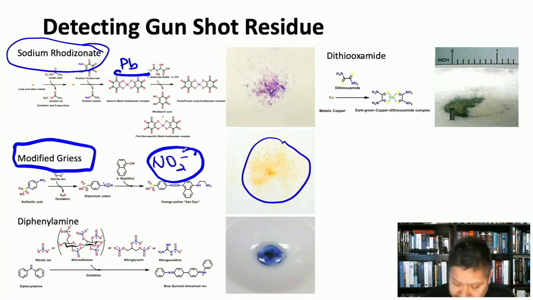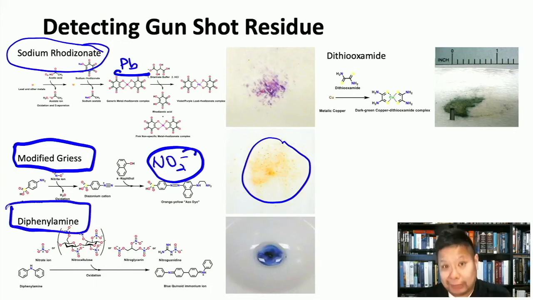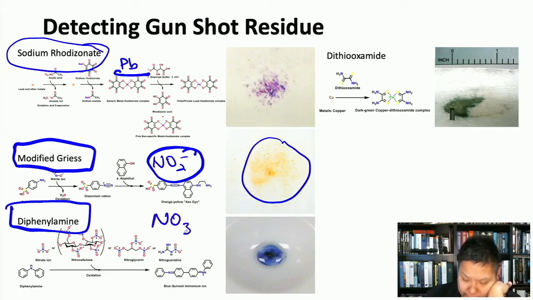Last but not least, in the gunshot residue detection, we have a molecule called diphenylamine. And diphenylamine, when it comes in contact with gunpowder itself that hasn't been burned yet or exploded yet, it's actually NO3 minus.